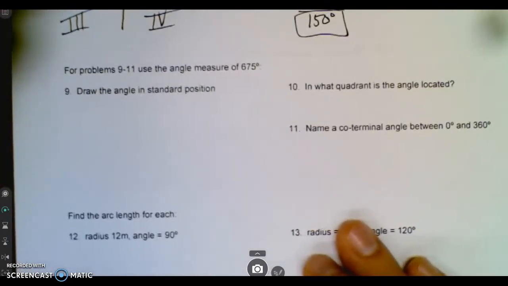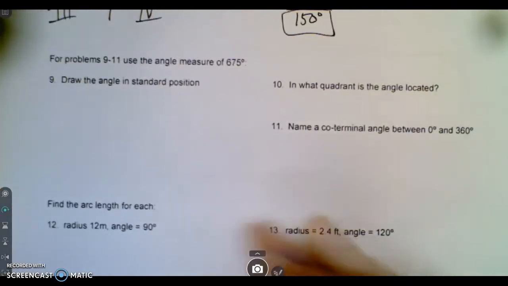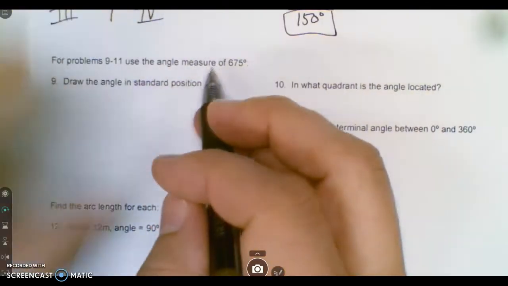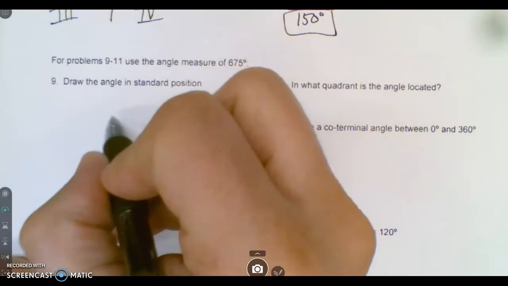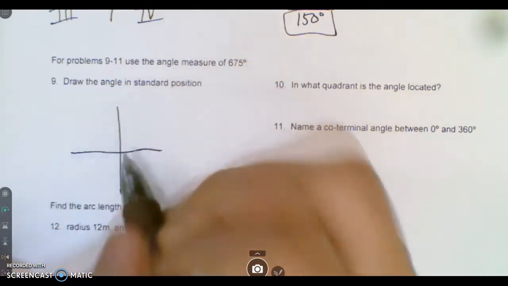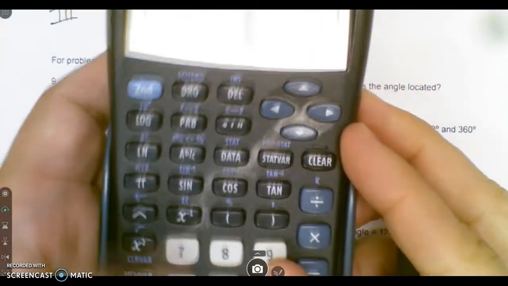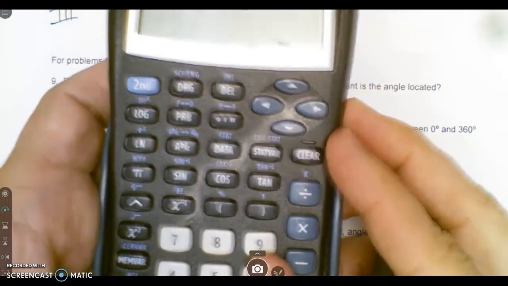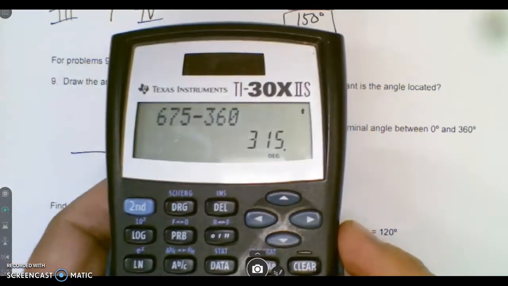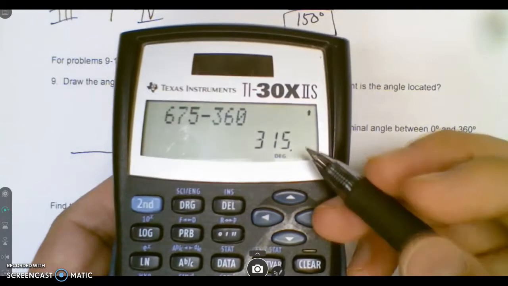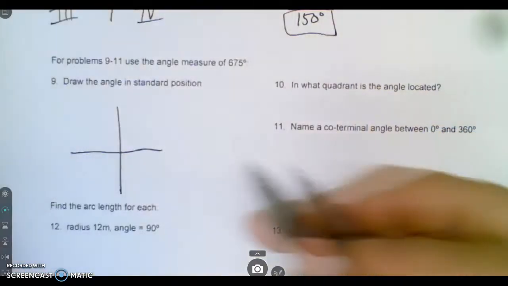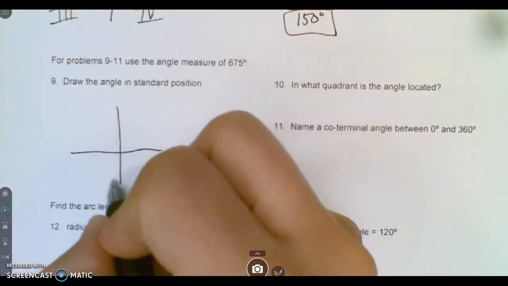Alright, moving on to this. Same deal. We're going to have to draw a 675. Now, if you don't know where 675 is, neither do I. So I'm going to take 675 and start subtracting 360 until I know where that angle really is. So I have to draw where 315 is.